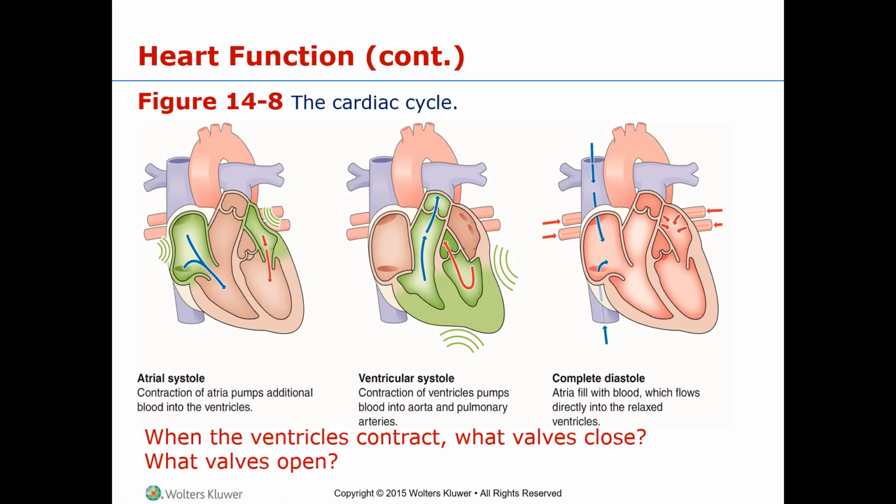What is open is the pulmonary valve. Here, the left atrioventricular valve, or the bicuspid valve or the mitral valve, is closed, and the aortic valve is open, allowing blood to go into the aorta.